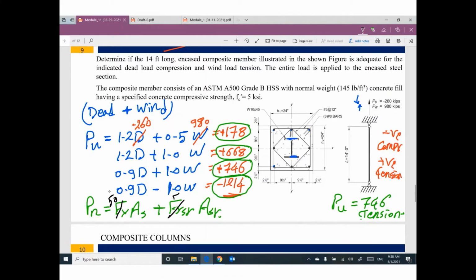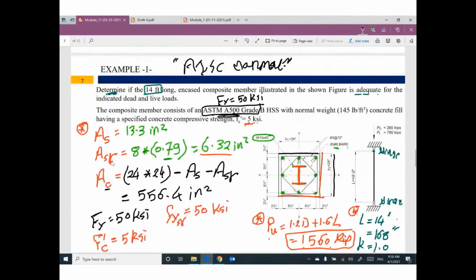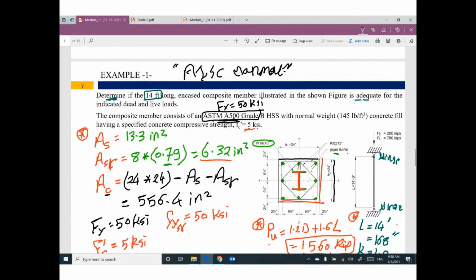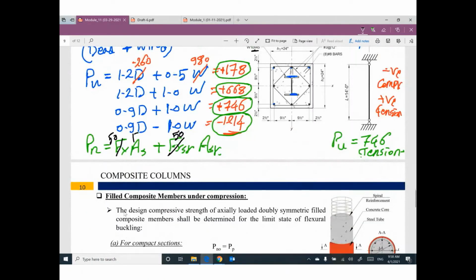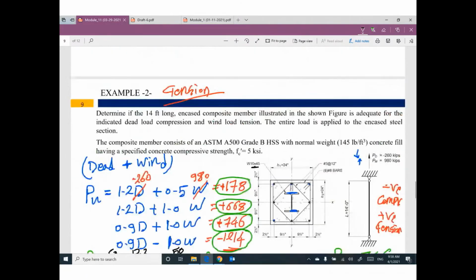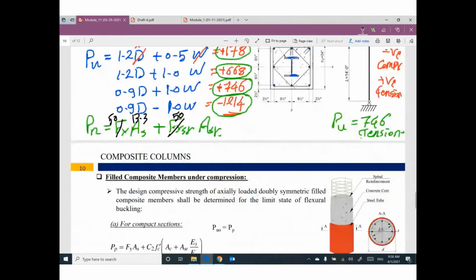F yield steel reinforcement is 50. Area steel, do you remember the value of area steel from last one? 10 times 45, because it's the same column. 13.3. What is the value of area steel reinforcement from the previous example? 6.32.